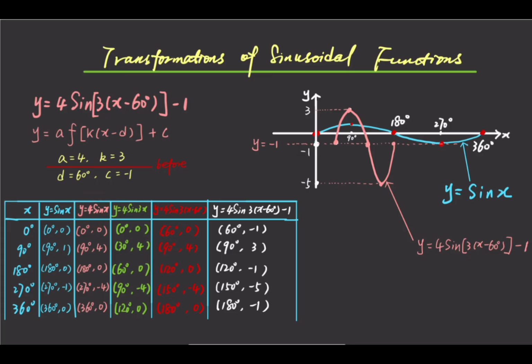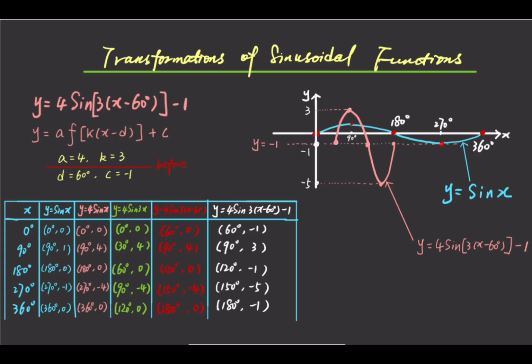After this, you need to guarantee y-coordinate unchanged, but you need to reduce this x-coordinate by 1/3 factor. That is 1/k. Here k is 3. So this x-coordinate should be divided by 3. It will be 0 degree. So this point should be the image point of this point on this transform function.